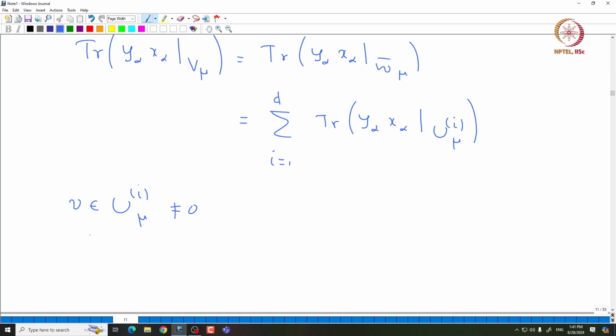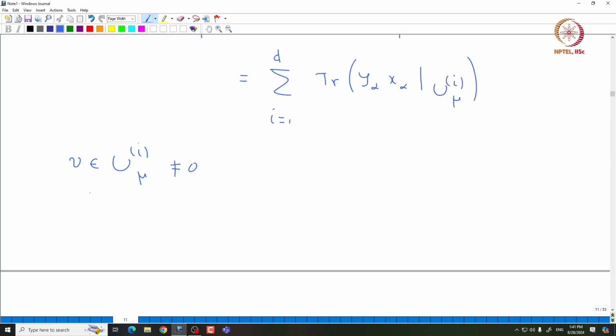So, now we have two cases for the possibility of mu of H alpha. Let us first consider case 1. Case 1 is mu of H alpha being non-negative. The case mu of H alpha being non-positive is done similarly, and I will leave it as an exercise. We will only focus on the case mu of H alpha being non-negative.